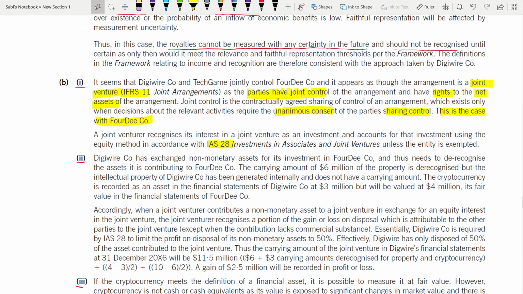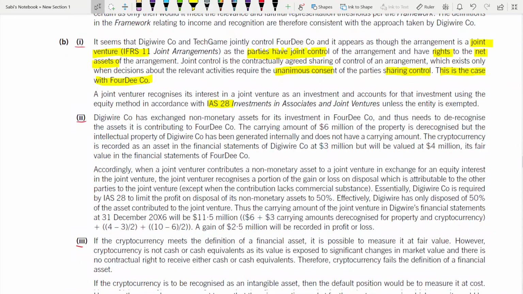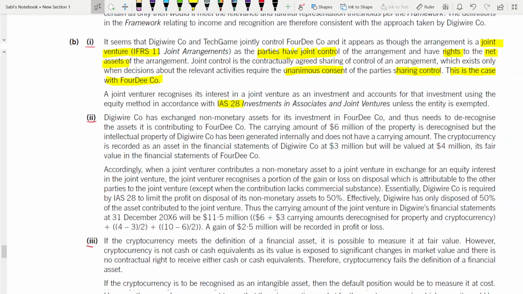Coming to the second one, derecognition of assets and all those things. DGY has exchanged non-monetary assets for its investment in 4D company. What did it exchange? Non-monetary assets. And thus it needs to derecognize the assets it is contributing to 4D. The carrying amount of 6 million of the property is derecognized, but the intellectual property of DGY has been internally generated and does not have a carrying amount.